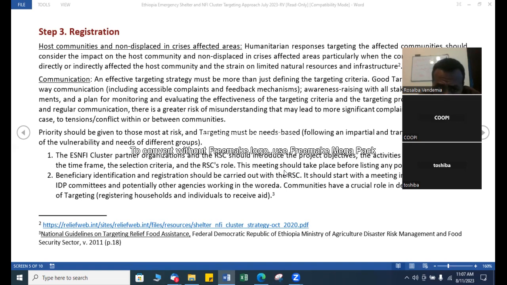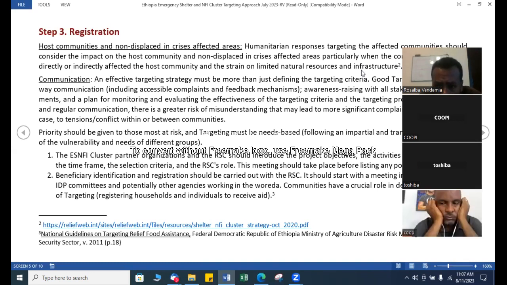So always we have to make sure that the registration process we do for targeting is also consented to and discussed with the hosting community to avoid this kind of tension, because most of the time they may develop reservations and grievances, saying that while we are impacted due to this displacement or influx of people, with market price increments and other things, for the sake of supporting the IDPs, sometimes they may not be happy while we are fully addressing IDPs alone.